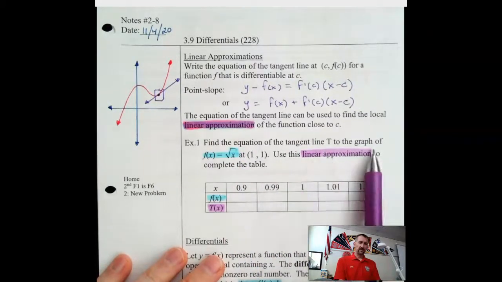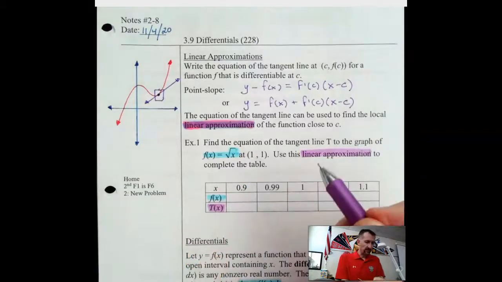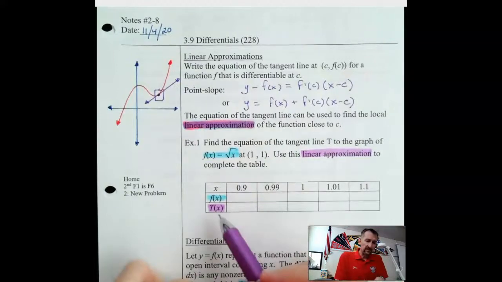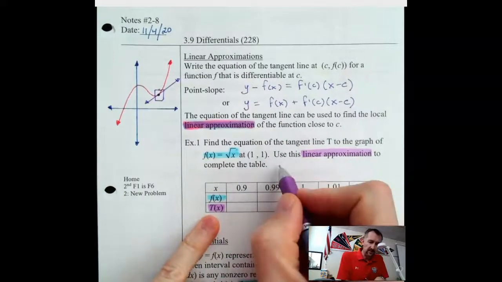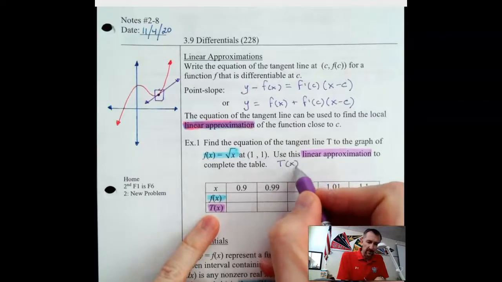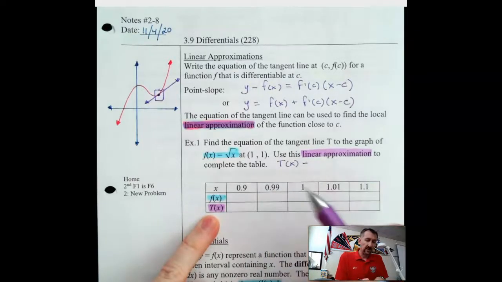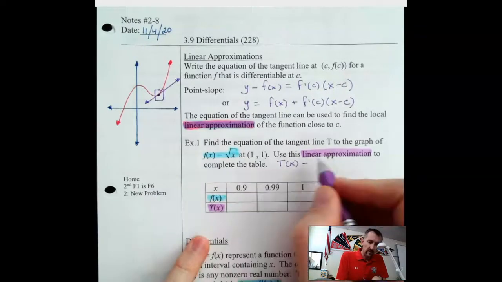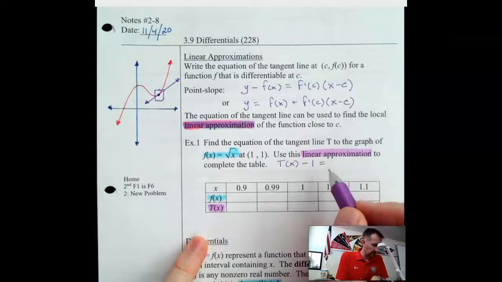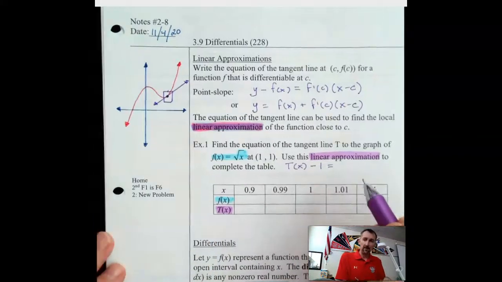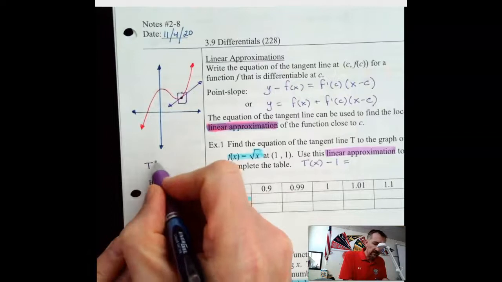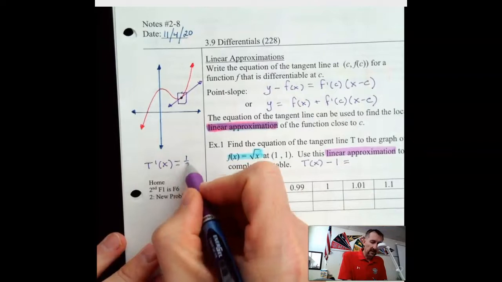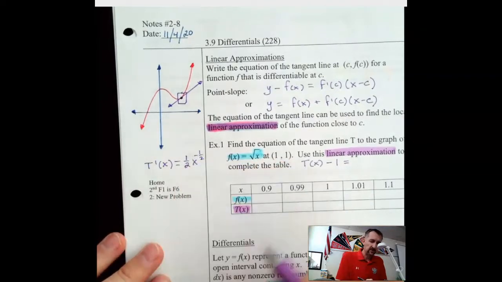Anyway, so that's what I was just talking about. So find the equation of the tangent line to this graph. So we want to do that first. Now they're using t of x for that down here, so I'm just going to use t of x instead of y. So we have t of x minus, and we're doing this at 1, 1, so the y coordinate is 1, so minus 1 equals, now we need t prime. So I'm going to calculate that over here. So t prime is going to be, bring down 1/2 and then subtract 1 from the exponent.